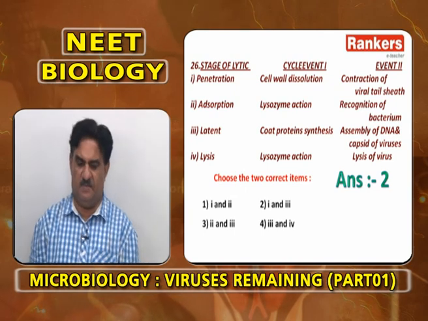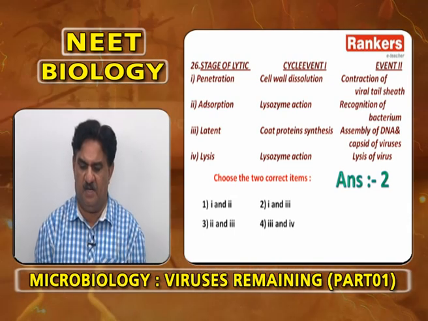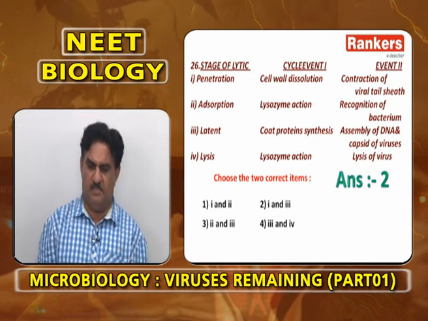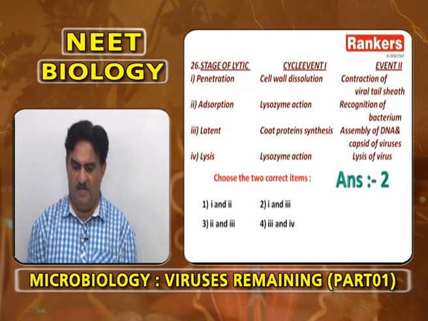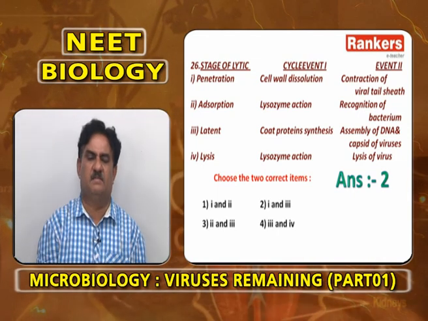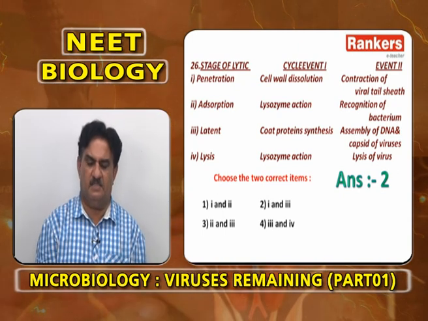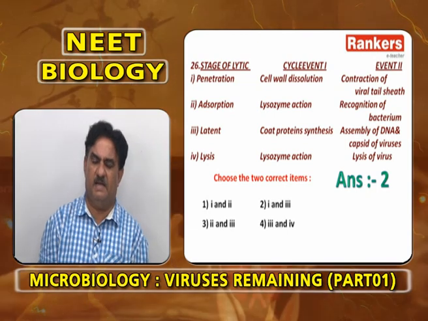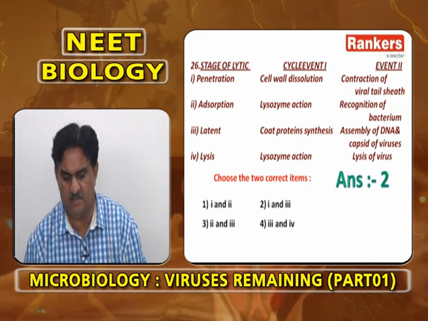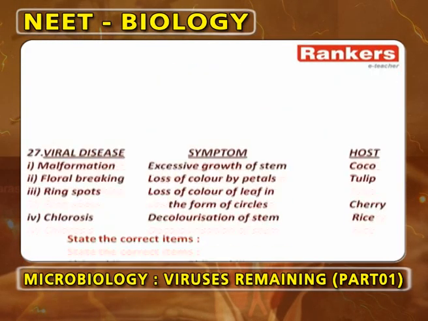Adsorption does not show lysozyme action. Latent period: coat protein synthesis, assembly of DNA and capsid is correct. Lysis, lysozyme action, lysis of virus is wrong. Lysozyme action is correct, but it is not lysis of the virus; it is the lysis of the bacterial cell to liberate the viruses. Answer 2. 1 and 3 are correct, 2 and 4 are wrong.